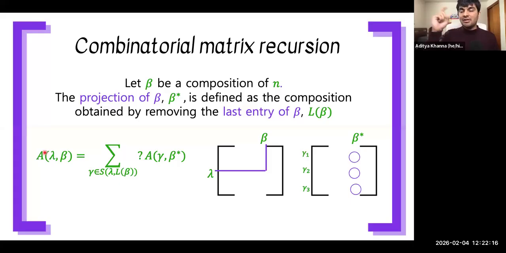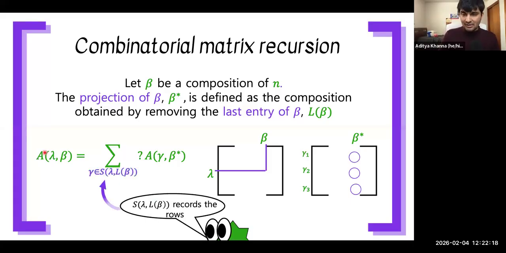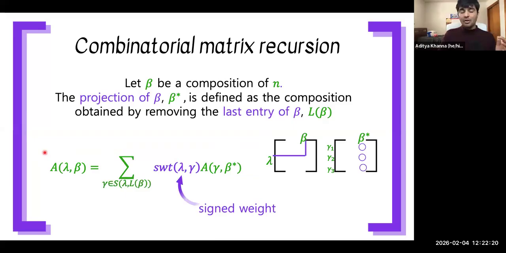So in our previous case, we saw that they were adding up, but that's not always the case. You could also have a linear combination. So if I want to figure out this entry in the bigger matrix, I actually look at the projection column in the smaller matrix, look at those entries, take a linear combination, and this gives me the entry. So whenever matrices show this sort of recursion, our theorem that I will soon talk about will apply.